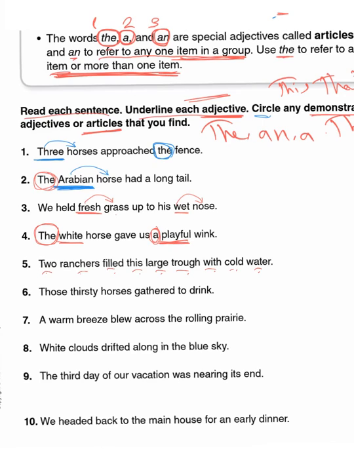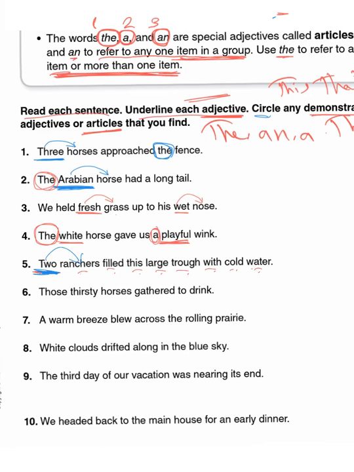They fill it with cold water. Now, 2 ranchers. How many ranchers were they? 2 ranchers. So this is an adjective. So I should underline it. So underline 2. And it describes ranchers.